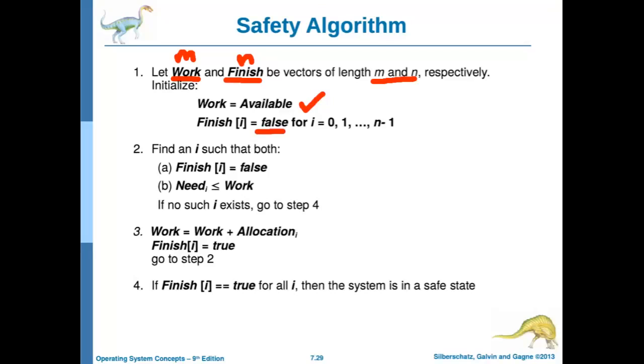As I mentioned, if you start with 1, it is 1 to n, but if you start with 0, it is 0 to n minus 1. So all the processes are marked as not finished yet. That is how we initialize it. Okay, now we'll stop here. We'll continue this algorithm in the next lecture.